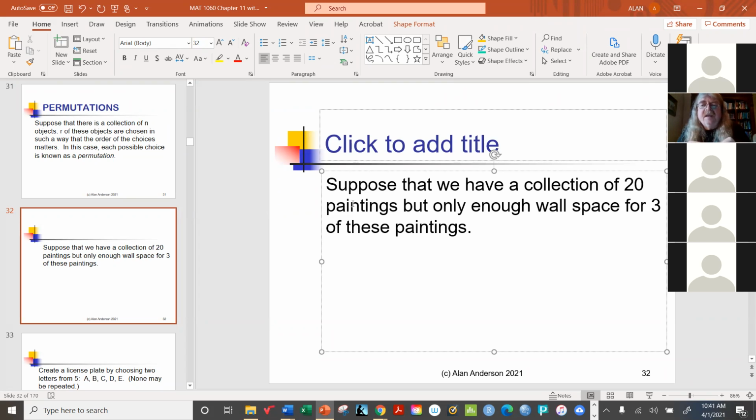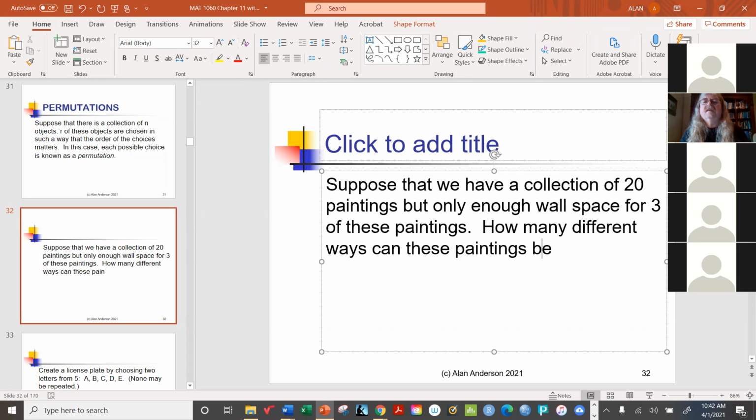I have to pick 3 of them. And then in addition to that, I have to arrange them on the walls. So 2 things are really going on here. I have to decide what paintings to choose and then how to arrange them. So the question is, how many different ways can these paintings be hung? Okay, so in other words, I only can show 3, but I have 20 to choose from. How many different ways can the paintings be hung?